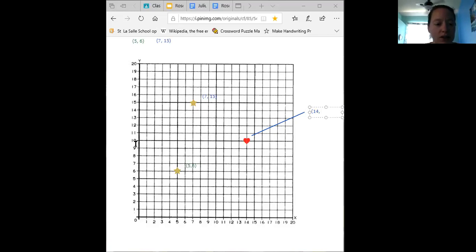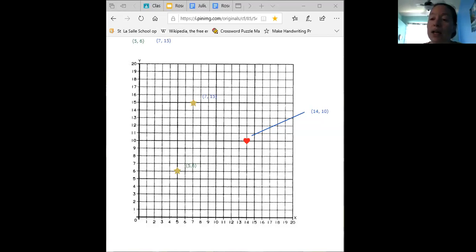Then I look across and I go, oh, the y is a 10. That works perfectly fine. So my point, where the heart is, is 14, 10. This is how we do this entire thing.